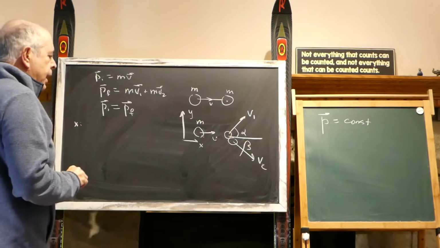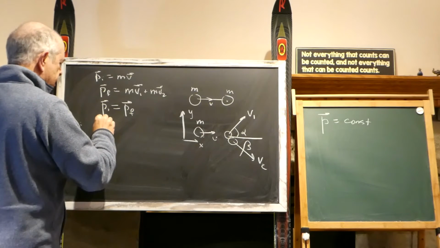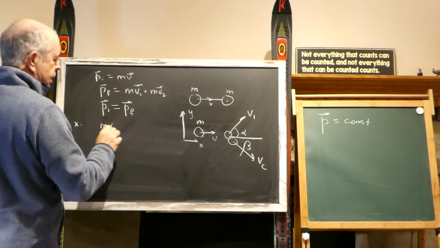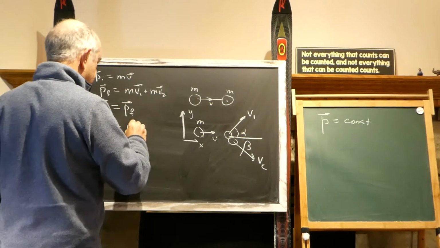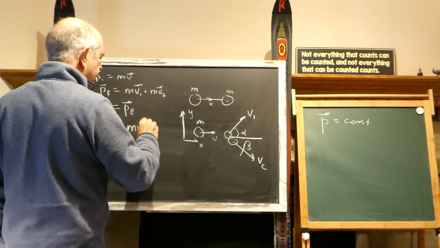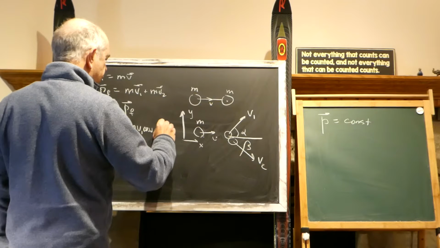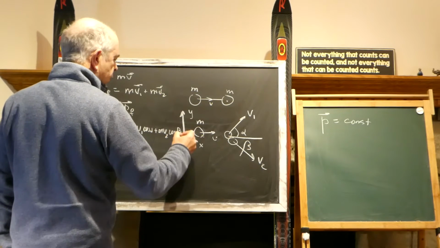And let's do x. On x, we have initial momentum equal to mv, the projection of this is mv. And the final momentum consists of mv1 cosine alpha plus mv2 cosine beta. Right?